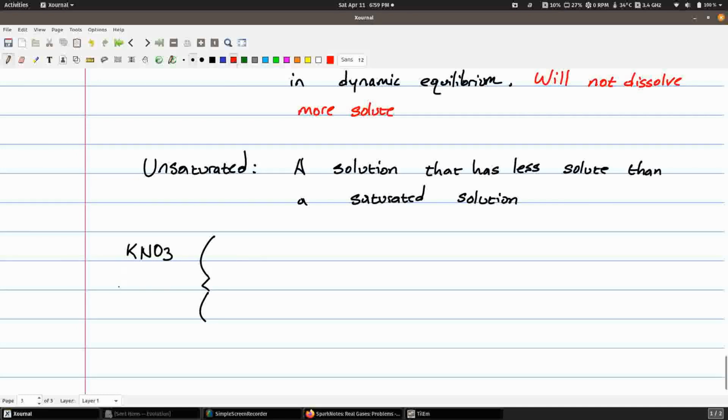So we have saturated, which would be 43 grams KNO3 over 100 grams H2O, and this is at 30 degrees.